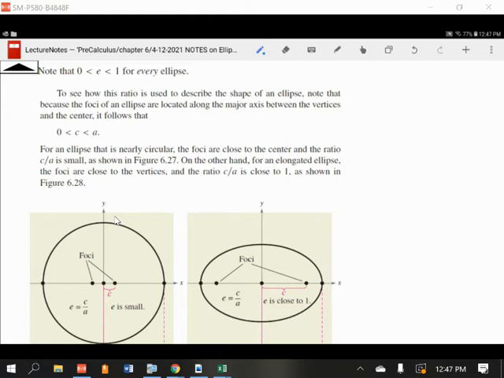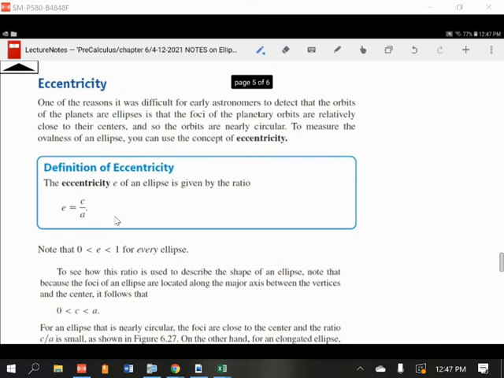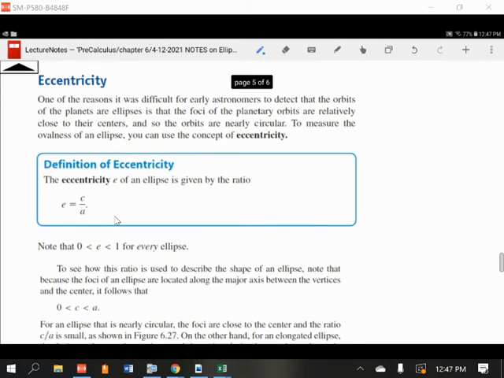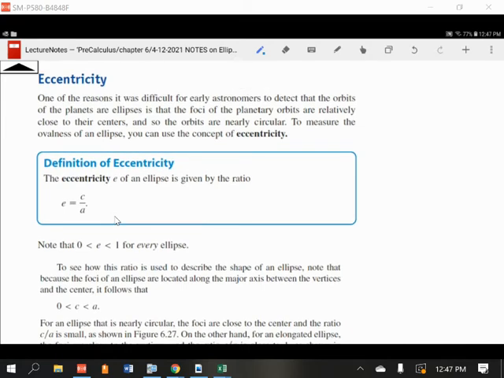As the C value gets closer and closer to A, the ellipse gets more oblong, right? And as it says up here at the top, one of the reasons it was difficult for early astronomers to detect that the orbits of the planets are ellipses is that the foci of the planetary orbits are relatively close to their centers, okay? So to measure the ovalness of an ellipse, we do C divided by A.